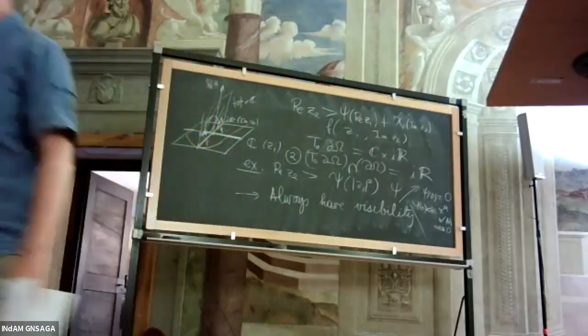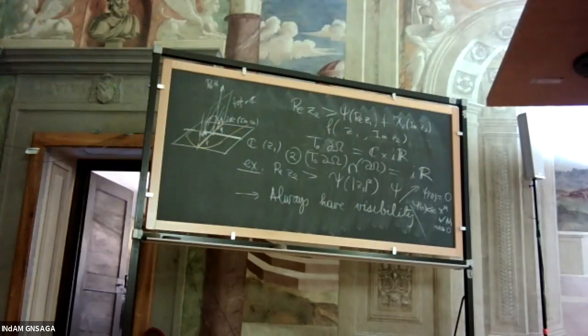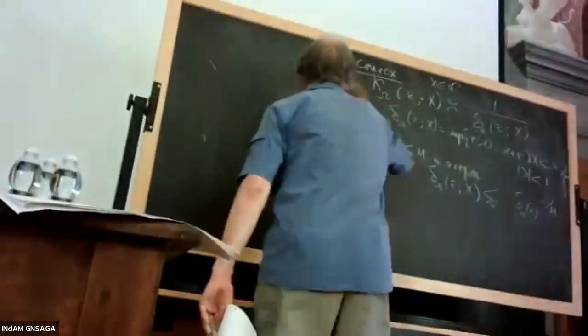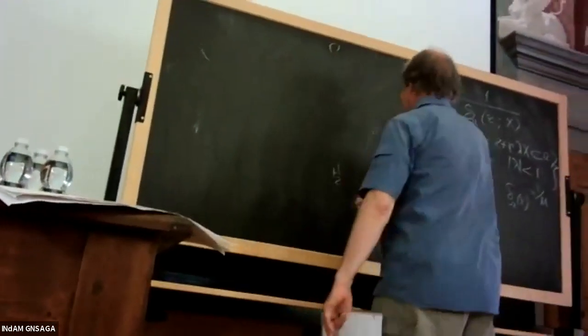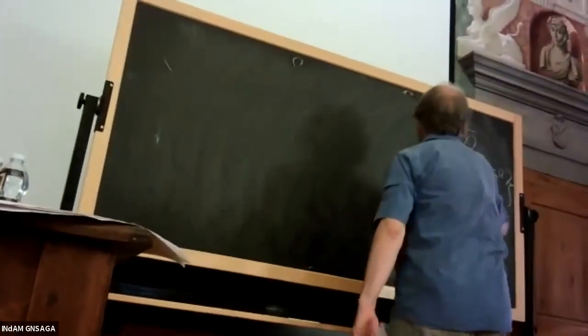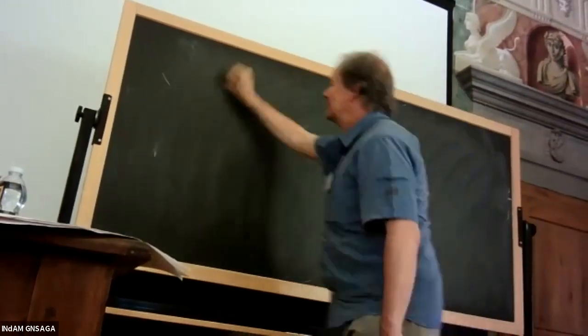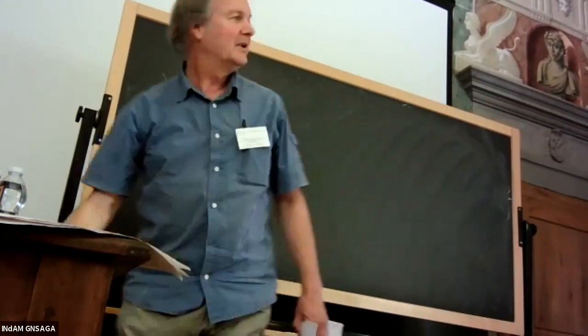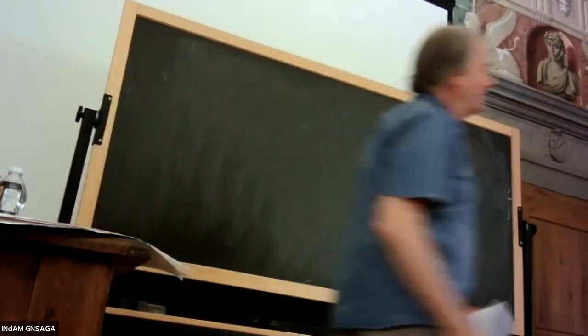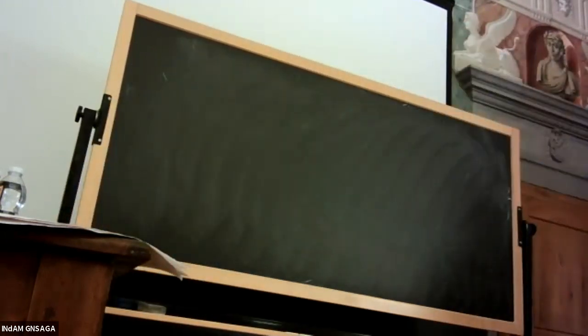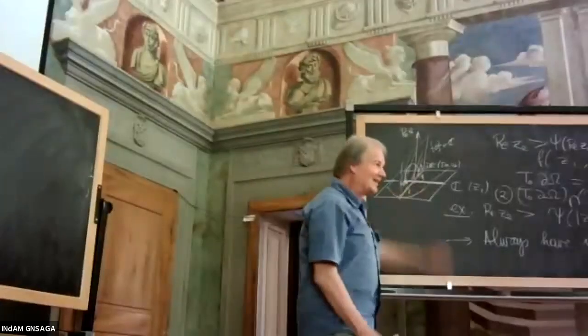Now, example one. I'm sorry, I only have 4 minutes. So same setup, but the intersection line will now be one real dimension out of this. So I need to change my picture a little bit.